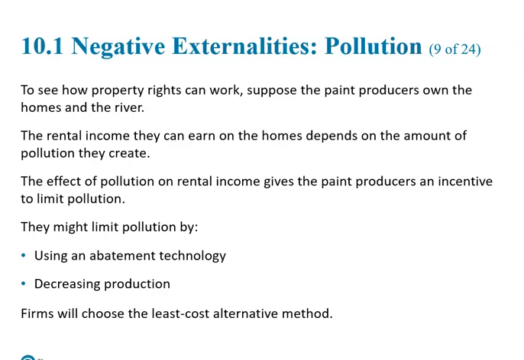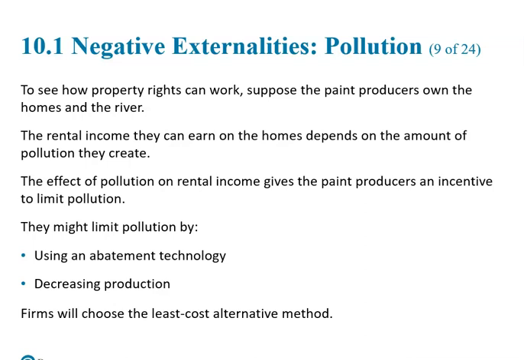So the rental income that can be earned on the homes situated next to the river depends on the amount of pollution being created. The effect of pollution on rental income will give the paint producers an incentive to limit pollution, because as I pointed out earlier in this example, the paint producers are the ones who actually own the homes situated next to the river.